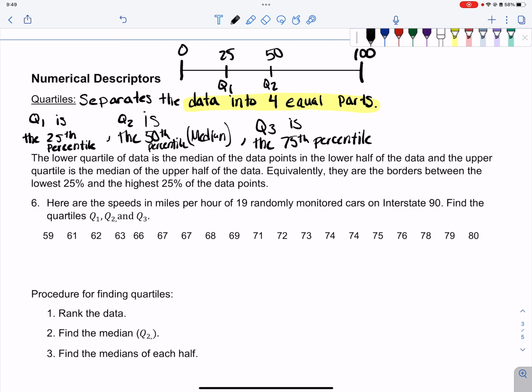And halfway between 50 and 100 we have 75, which is Q3. So now you can see we have taken our data, everything from 0 to 100, and broken it into 4 equal parts, essentially quarters. That's why they're called quartiles. So we have 4 different regions that our data has been broken down into.